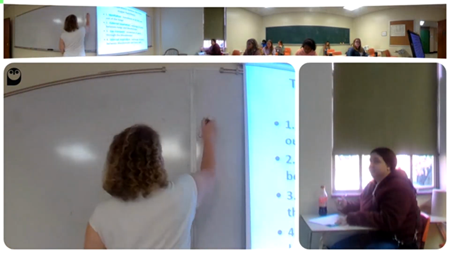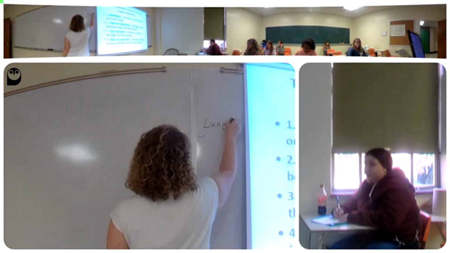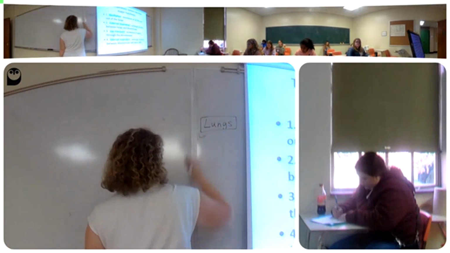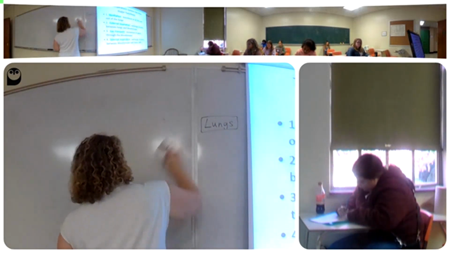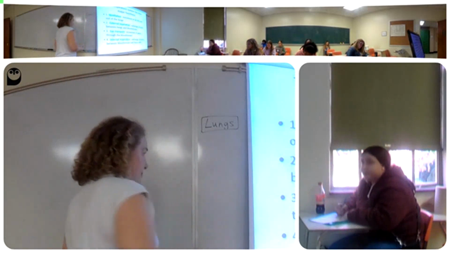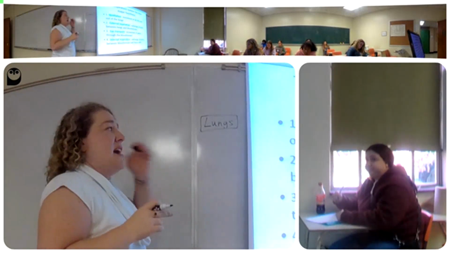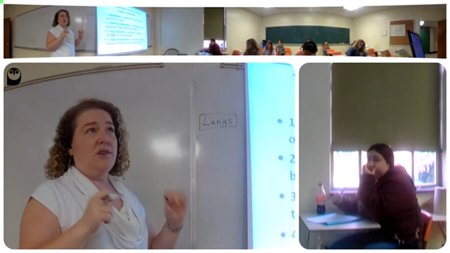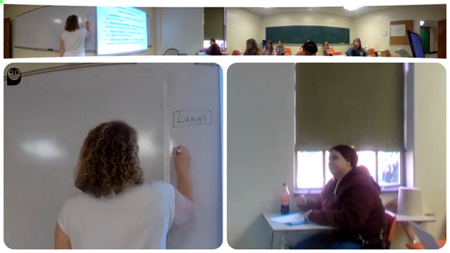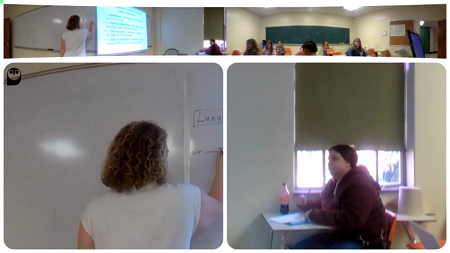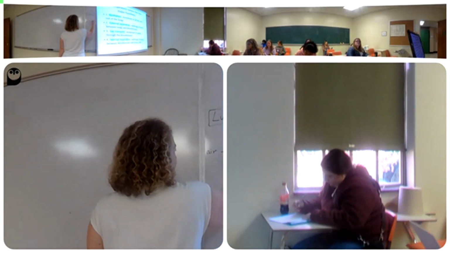The ventilation is completely going on with the lungs. So that's air going in and out of lungs. The external respiration part is stuff moving between the air in the lungs and the blood.